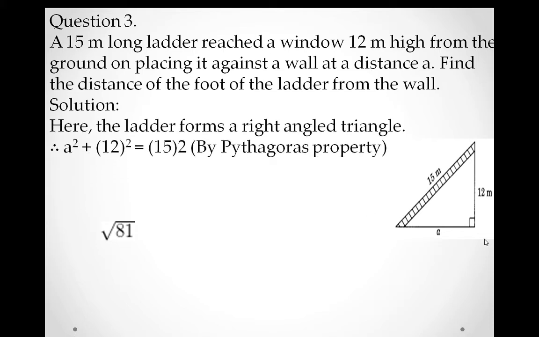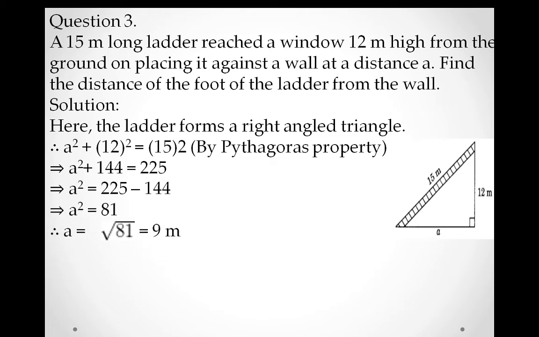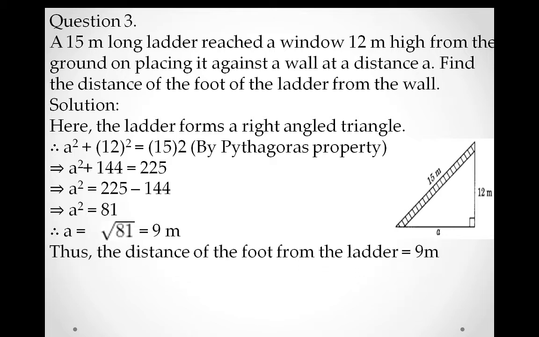So with the help of Pythagoras property we can write here a square plus 12 square is equal to 15 square. So a square plus 144 is equal to 225, and on subtraction we get a square is equal to 81, which is the square root of 9 meter. So thus the distance of the foot of the ladder is equal to 9 meter.